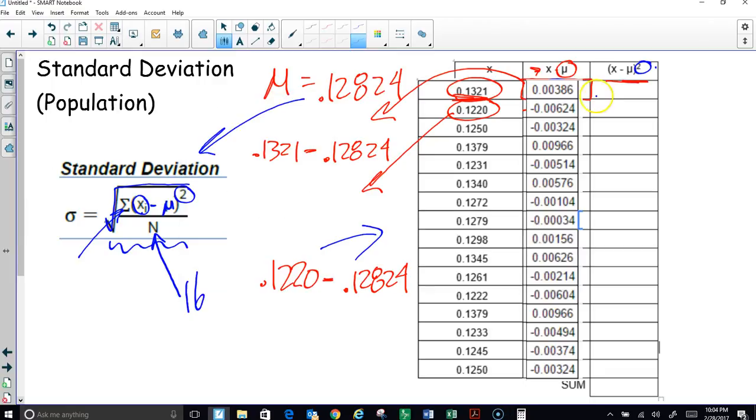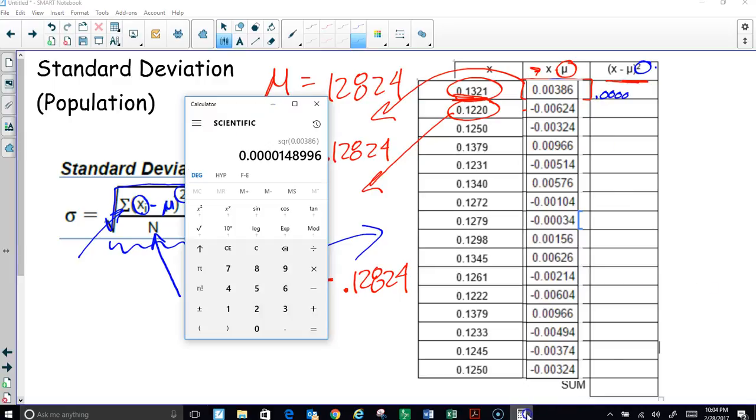Yeah, it's definitely going to be tricky. 0.000014, boy, 8, but if I round this one, that's going to bump it up, so it's really 1490, we'll say.